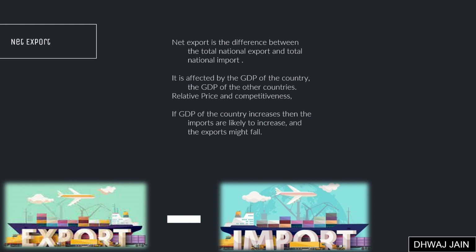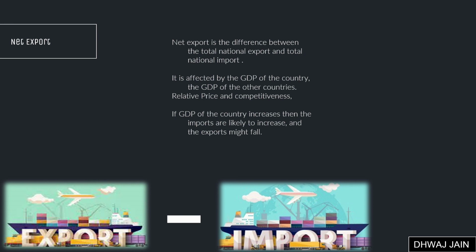They will import more, right? Because they have money, they can buy expensive raw material and expensive products. So imports are likely to increase and obviously exports are likely to fall relatively. That's export minus import, which is net export. Net export goes into negative when the GDP is increasing.